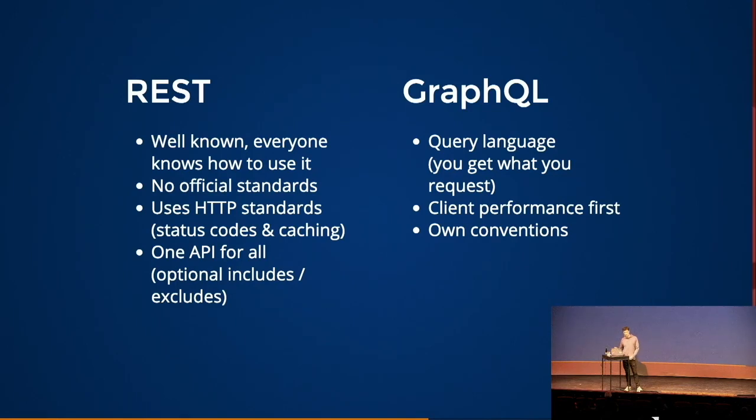And then we have GraphQL, and GraphQL basically says, okay, you just request the fields that you need, which is really beneficial in a BFF situation, because you don't need to create a separate BFF for each application. So it puts client performance first, and it also invented its own conventions. It's not a standard, it's something they developed themselves, which is a good and a bad thing, of course.